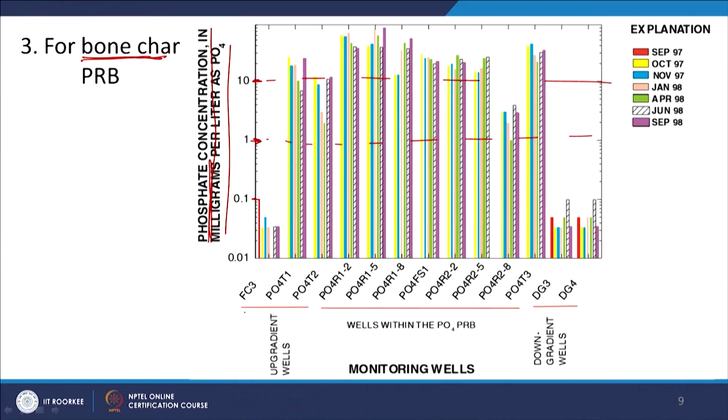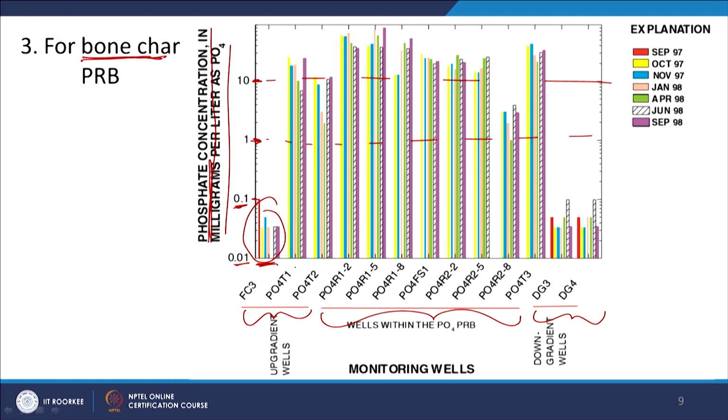So upgradient within the well and downgradient, let's look at the data. Initially we have relatively low concentrations of phosphate, pretty low, 0.1 to 0.01 milligram per liter. Obviously it varies with season, but that's something you would expect.